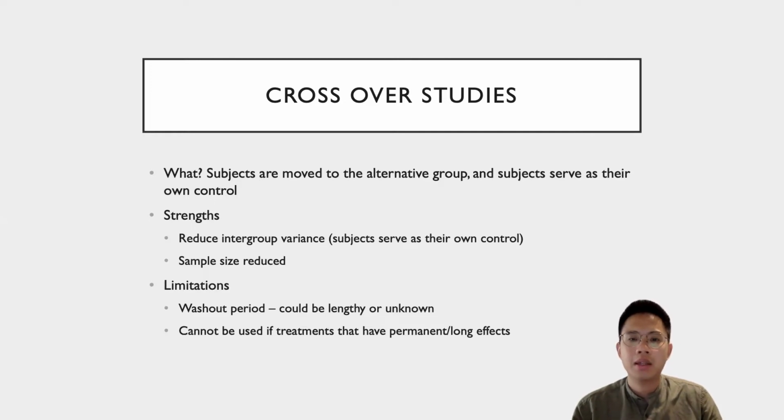Versus, let's say, studying analgesia, where it may be possible to study medications with a shorter duration of action in a crossover fashion. So while crossover studies may have certain advantages, oftentimes the washout period could be limiting, and overall it is challenging to do in treatments that have permanent or long-lasting effects.